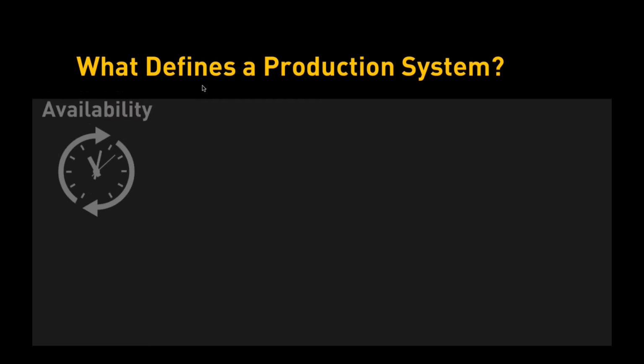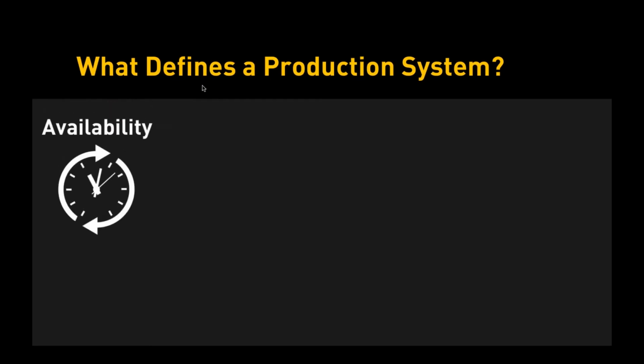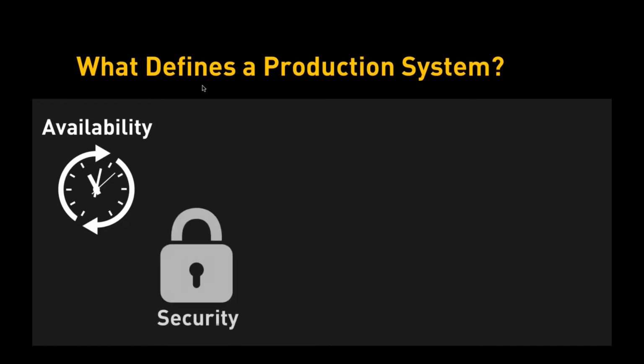Of course, your production system has to be more available, which means it has to withstand the spikes and maintain the same level of availability all the time. It shouldn't happen that when there is a spike, your application goes down and becomes unavailable, which is a very common scenario with web applications. But a production system should be immune to those issues and should be always available.